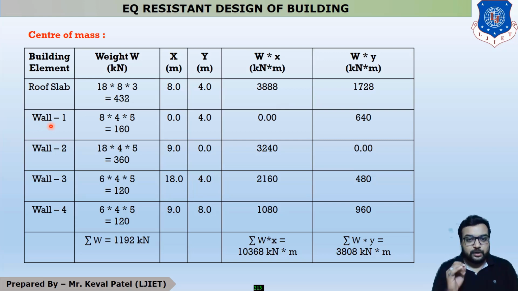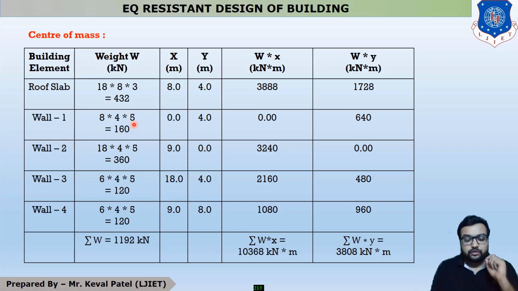So, what is the value of self-weight of wall? Our self-weight of wall is given as 5, but the unit is kilonewton per meter square. So, we have to convert it to kilonewton by multiplying by area. So, what is the area? Area is our wall size. Our wall 1 is 8 meter long, and what is the height? Height of wall is 4 meter.